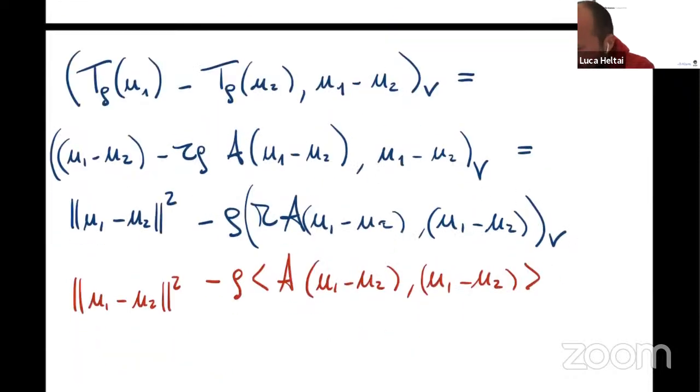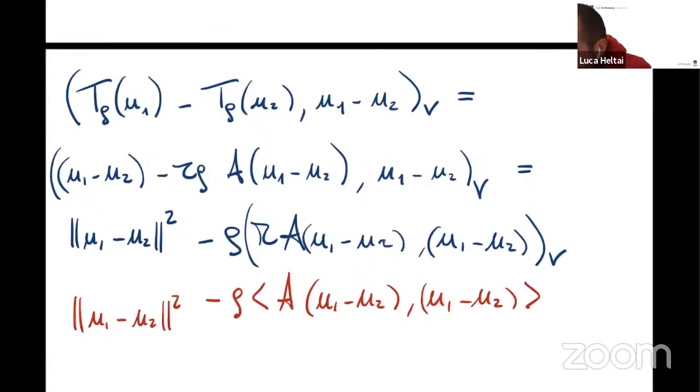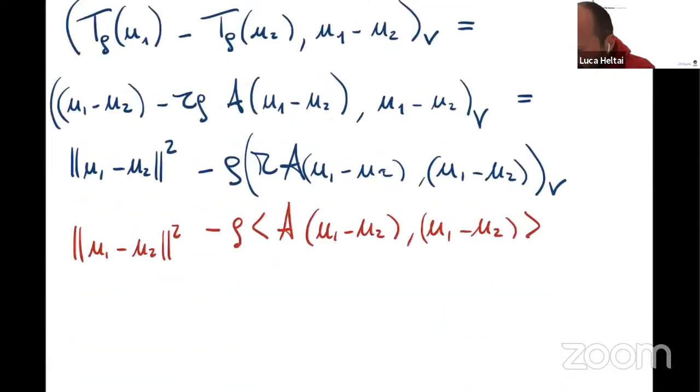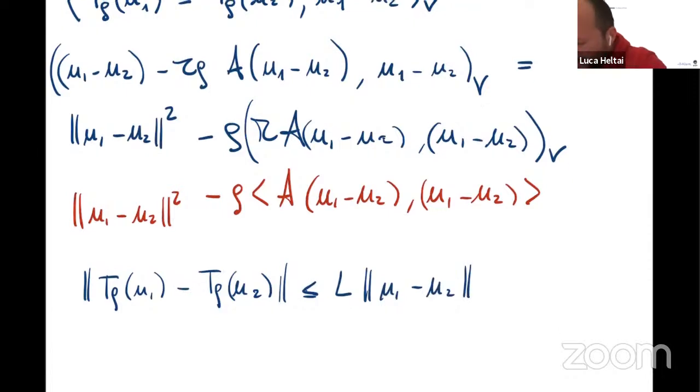So this part over here is the second part of the thing that I need to show, because I'm still missing the first part, which is that I would like to show that T rho of U1 minus T rho of U2 is smaller or equal than L times the norm of U1 minus U2. Okay, so this is what I wanted to show.